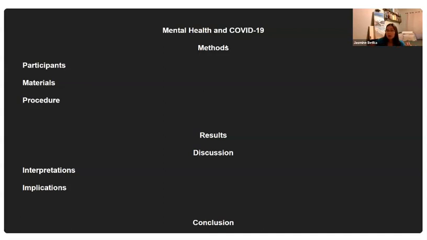But after the introduction, we'd cover our method section. So that's like our next main level 1 heading. And within that method section, we might use level 2 headings, which would include participants, where we describe all of that information, materials, and procedures. So those all fall under this level 1 heading, but we'd use this level 2 heading because they're specific subsections.